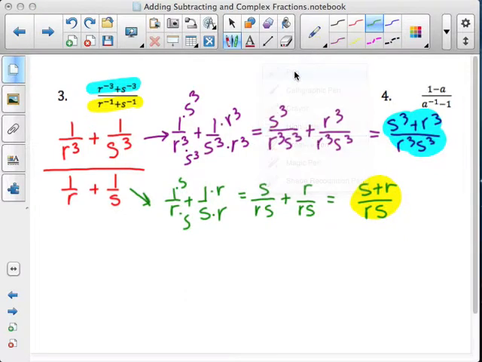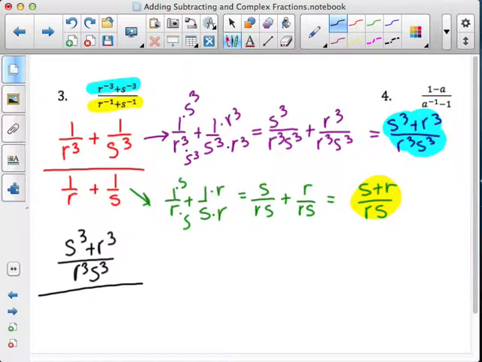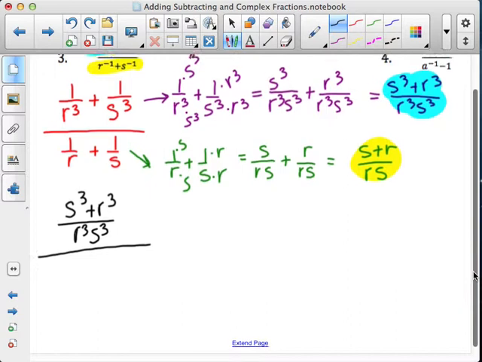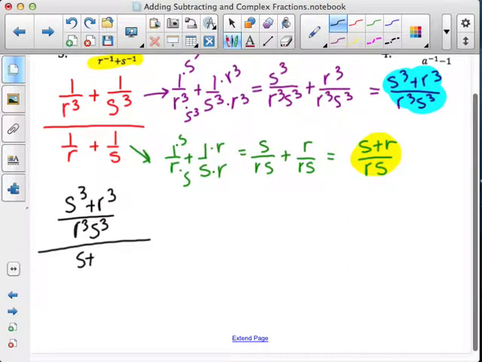So I'm going to rewrite this as s cubed plus r cubed over r cubed s cubed, all divided by s plus r over rs.